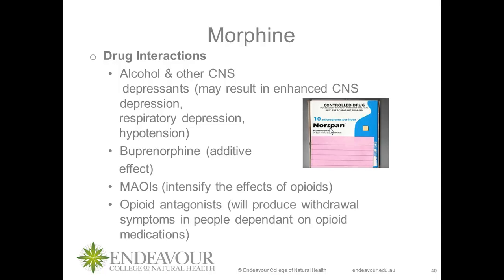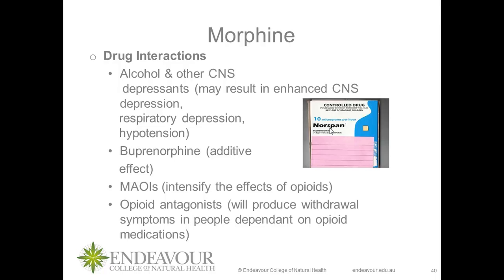Morphine also interacts with monoamine oxidase inhibitors, MAOIs. What is seen here is that the monoamine oxidase inhibitors intensify the effects of the opioids. Furthermore, we consider morphine to interact with opioid antagonists, that is a drug interaction of a pharmacodynamic type.